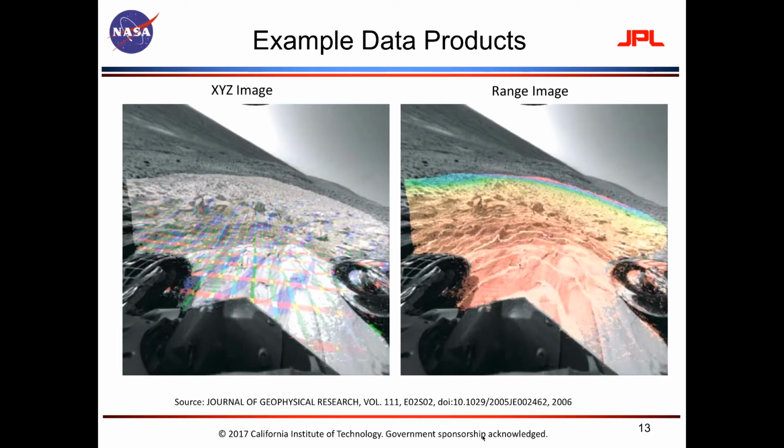We can also do range images indicating how far away something is from the rover. So all of these products are actually really useful to scientists here to plan future movements of the rover, future missions, and so forth. So they're really critical in the next day's planning.